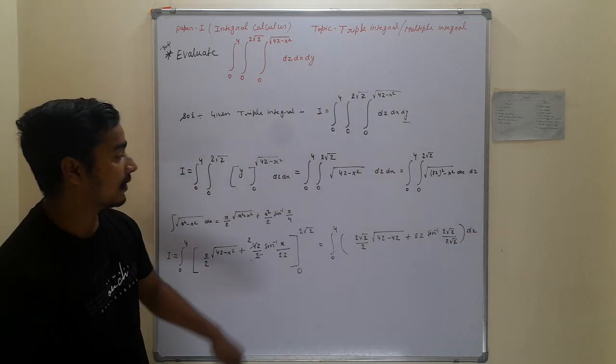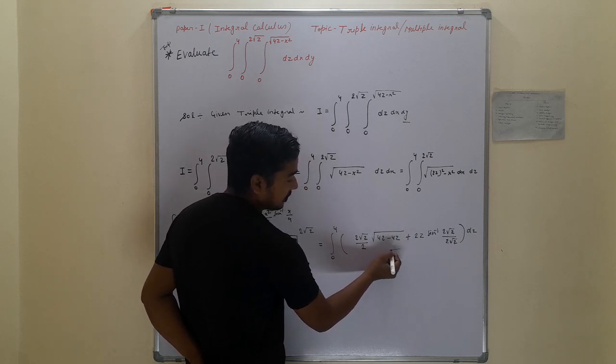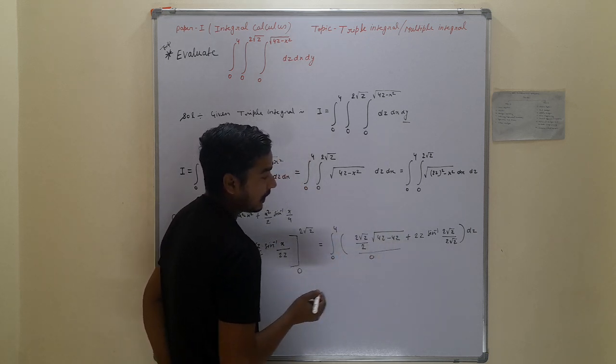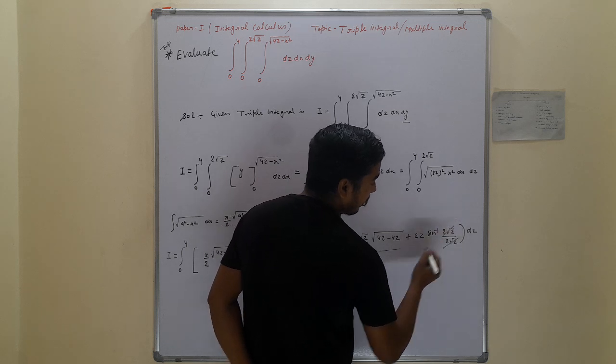Further, 4z minus 4z gives 0, so this part becomes 0, and 2 root z by 2 root z cancels out.